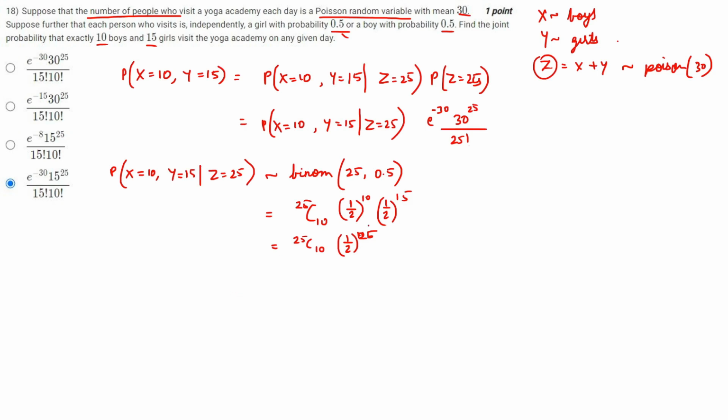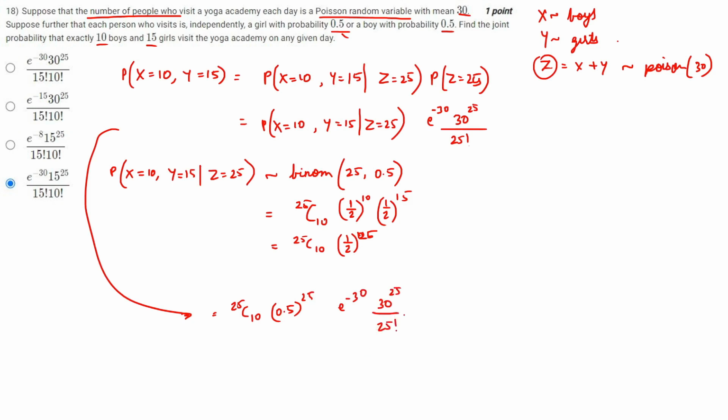Okay, so now substituting back here, I'll have 25 C 10 into 0.5 to the power 25 into e to the power minus 30 into 30 to the power 25 divided by 25 factorial.